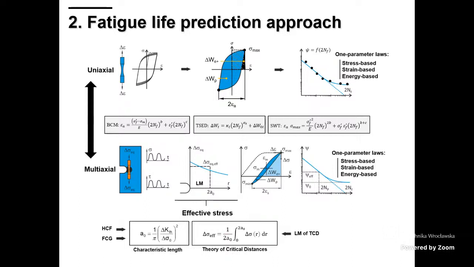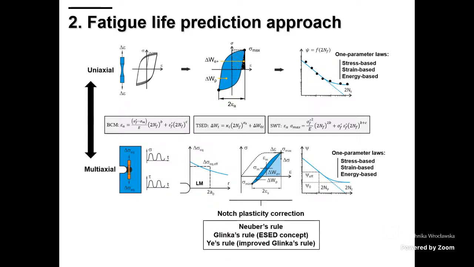Basically, I need to compute the material characteristic length by performing high cycle fatigue tests and fatigue macro tests. Then we define the fatigue process zone, and by applying the line method, we calculate the effective value. And then by using notch plasticity techniques, today I'm going to use these three approaches: Neuber's rule, Glinka's rule, and the modified Glinka's rule.